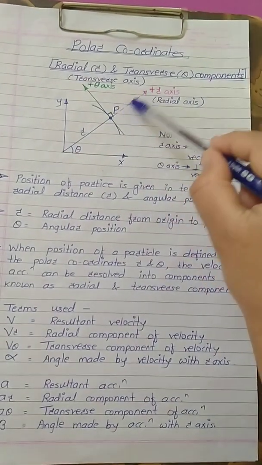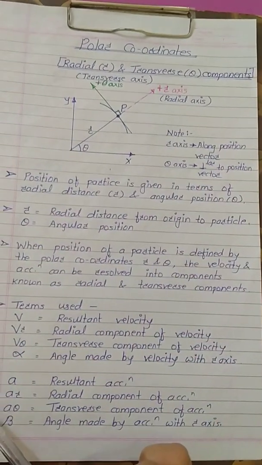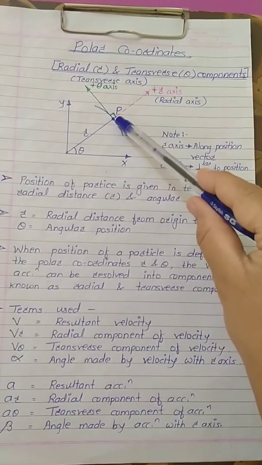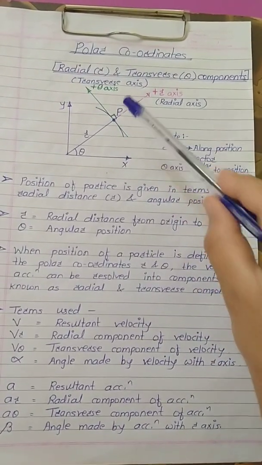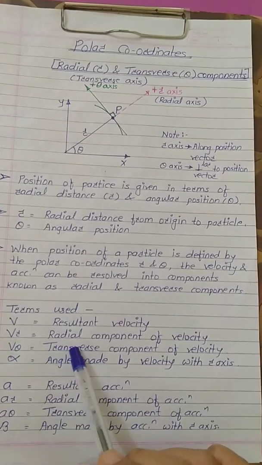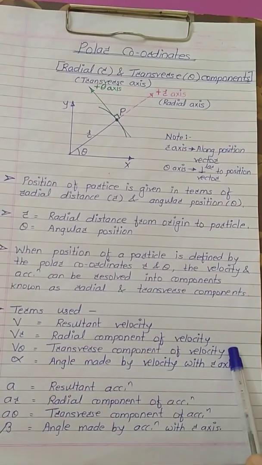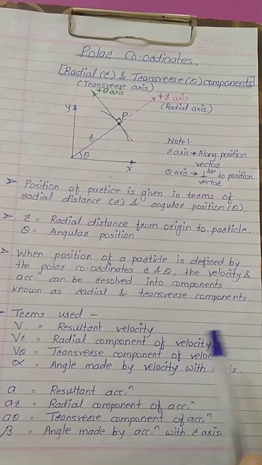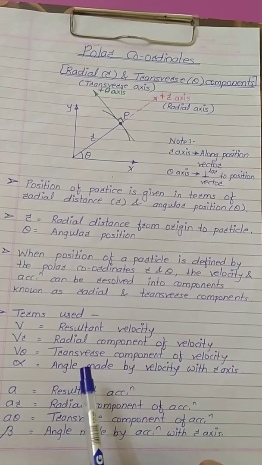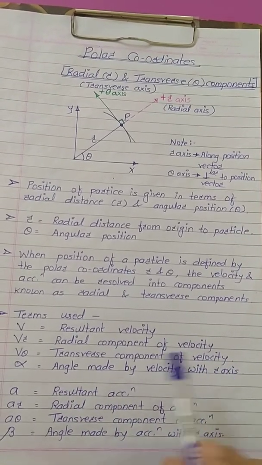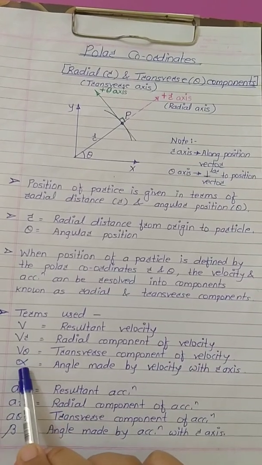So the component along this r axis will be known as Vr component, and the component along this transverse axis will be known as V theta, which is transverse component of velocity.